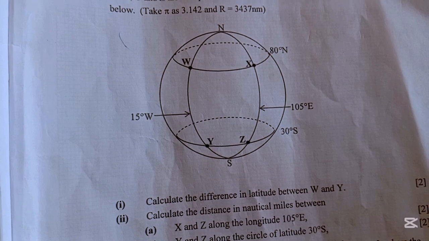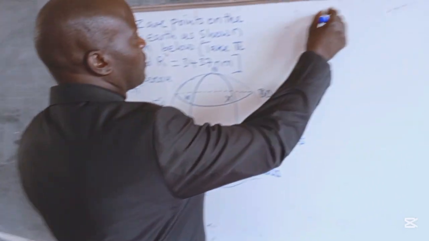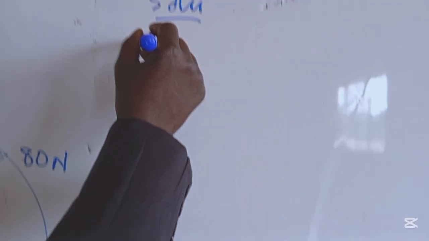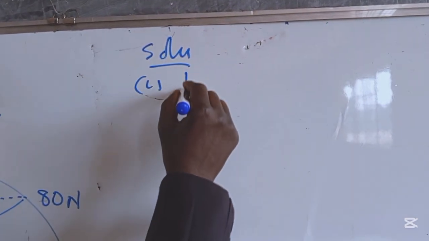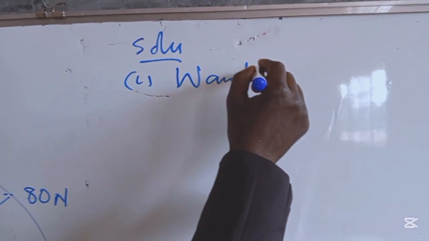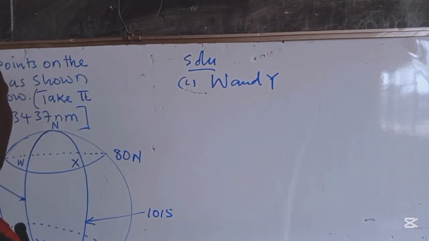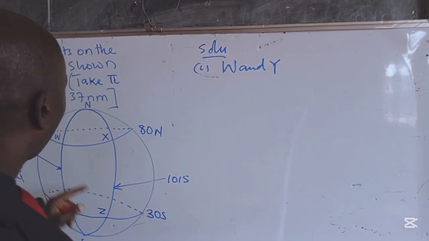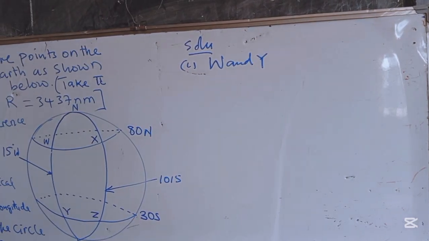Calculate the difference in latitude between W and Y. Find solution. So solution, here they are saying the difference between W and Y in latitude. So fellow viewers, what is important here, don't just say because here it is at 80 north and 30 south, then you add directly.